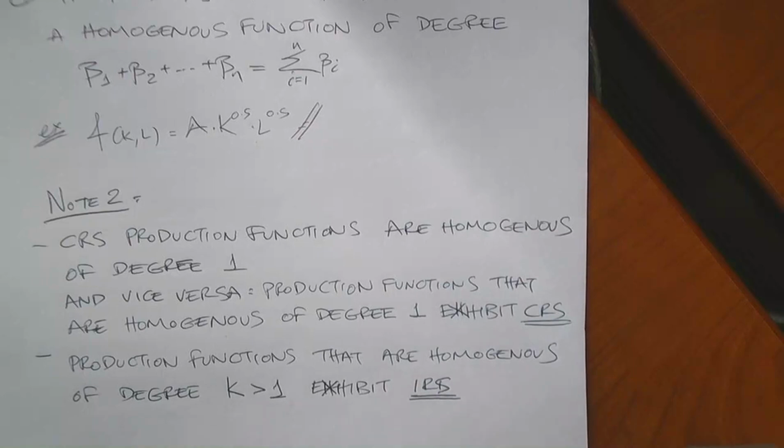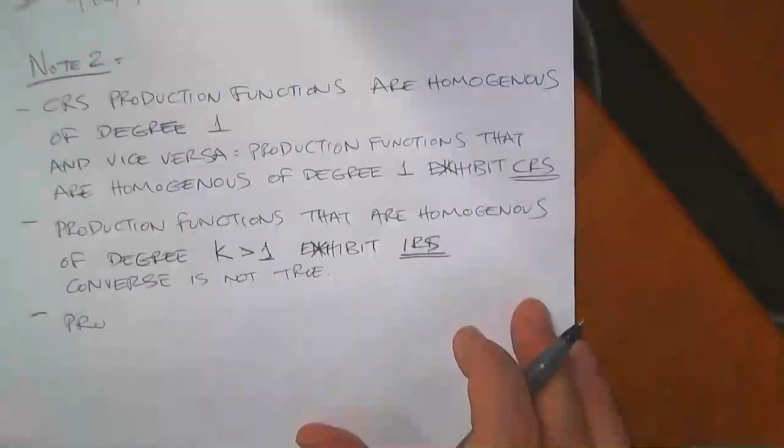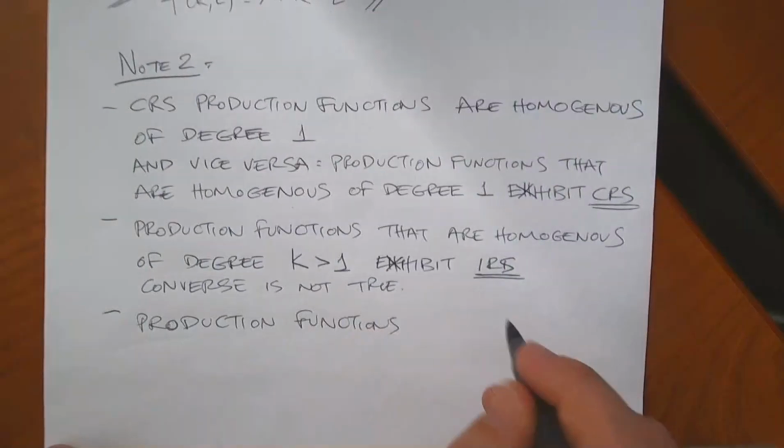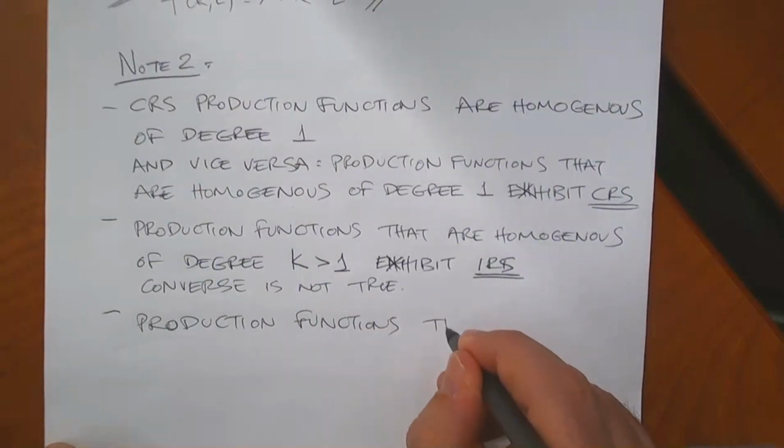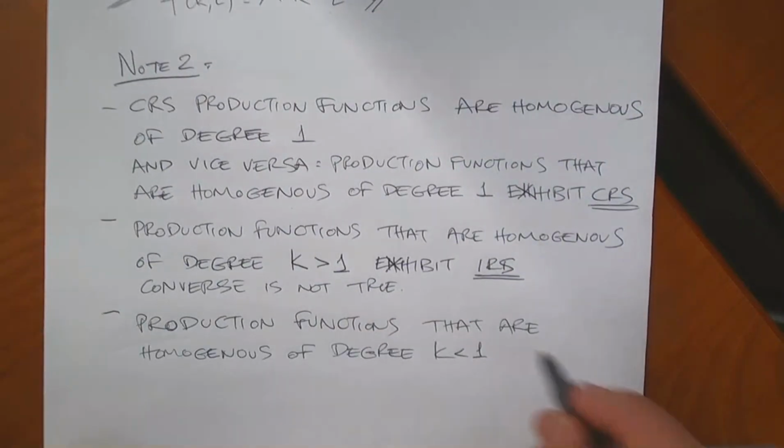So it's a very easy way, by using these types of functions, to say, oh, you have increasing returns to scale, oh, you have constant returns to scale, or decreasing returns to scale. I'm just going to write the third one to have a complete discussion here. I'm going to say that the converse is not true over here. And production functions that are homogeneous of degree k less than 1 exhibit decreasing returns to scale.